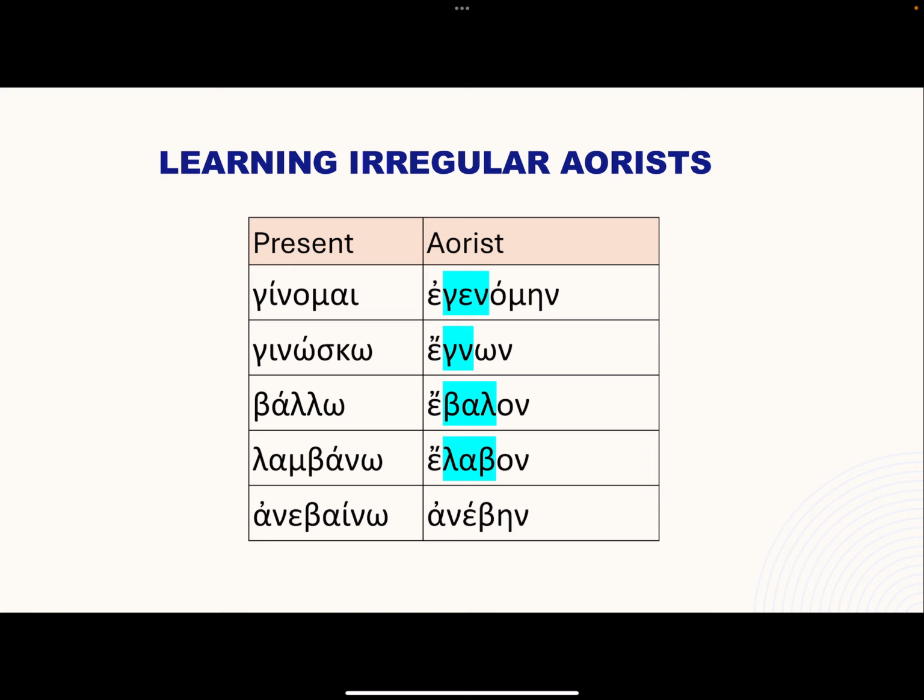So here are the irregular aorist verbs that I would recommend that you actually memorize, because they do have this different stem. And so in my view, I think it's just worth memorizing them.